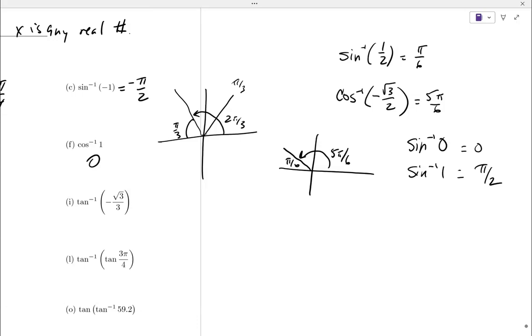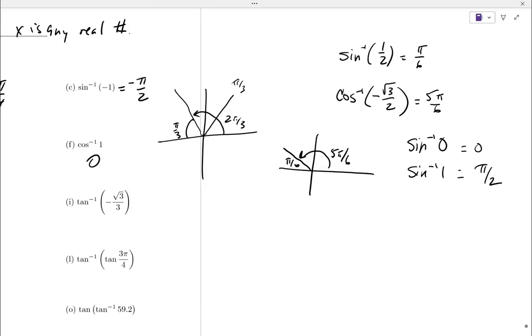So using your pi over 6 as your reference angle, what's this piece? We know that all the way around to here is what? If I go from here to here, what is that? If I go halfway around the circle, that's going to be what?